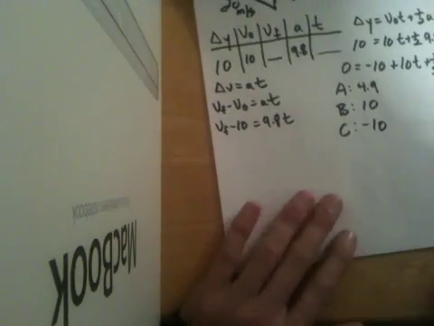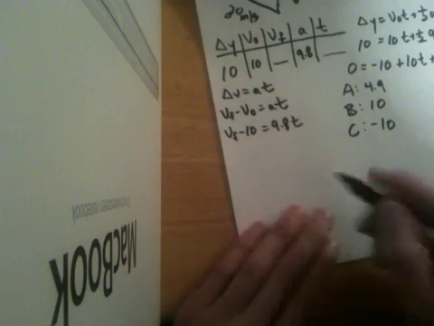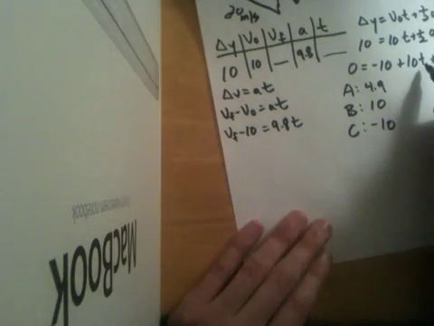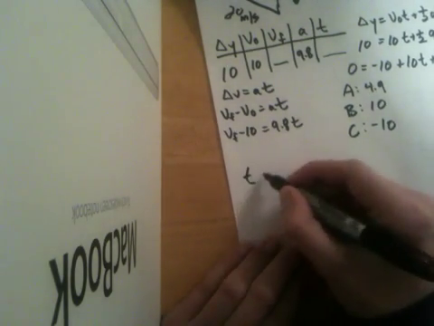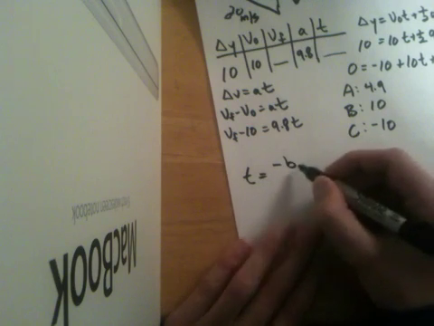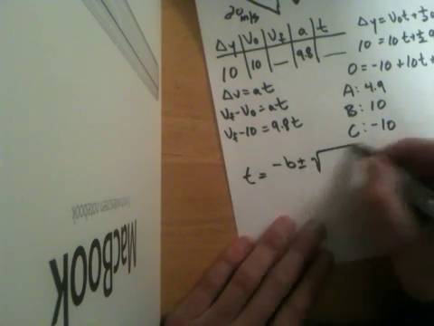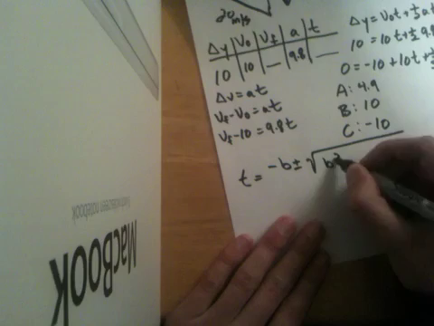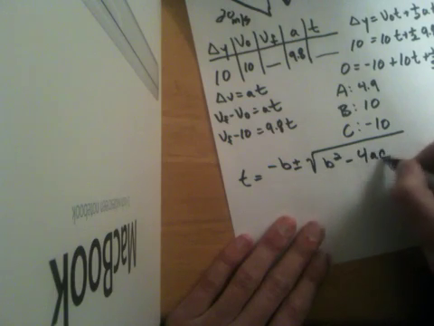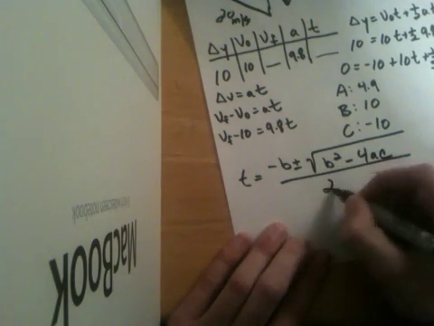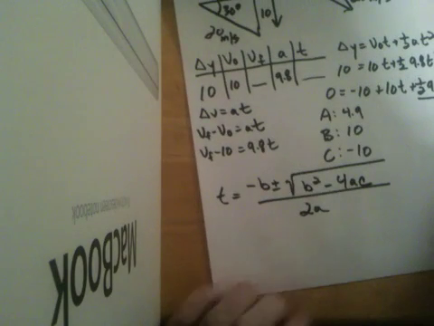So you plug that into the quadratic formula, which I will tell you, in this case, you want to solve for t. So you say t equals minus b plus or minus the square root of b squared minus 4ac all over 2a. Now I'm not going to solve that for you because you can plug in the values yourself and do that.